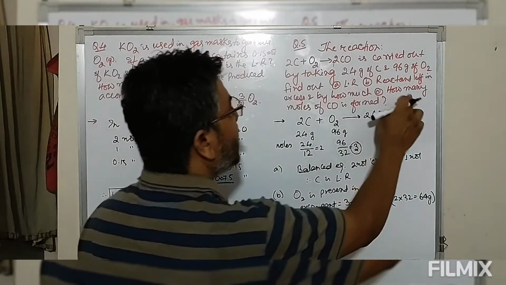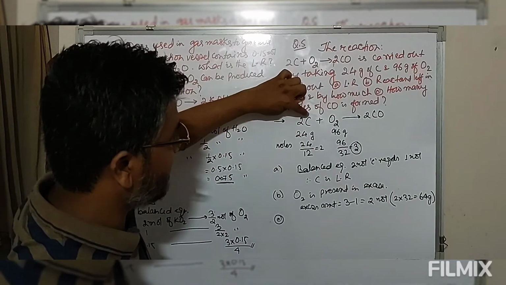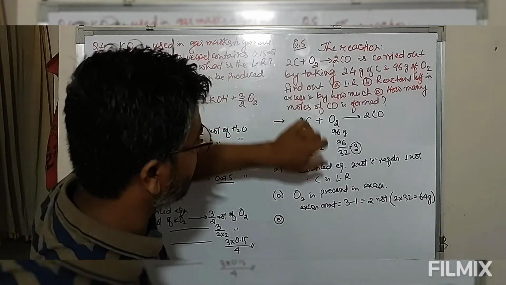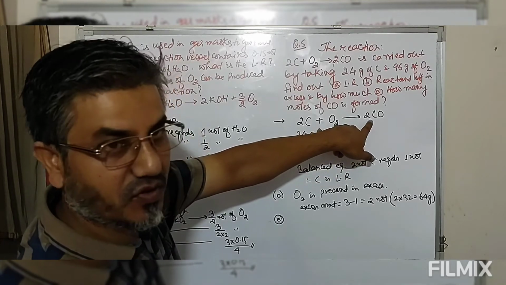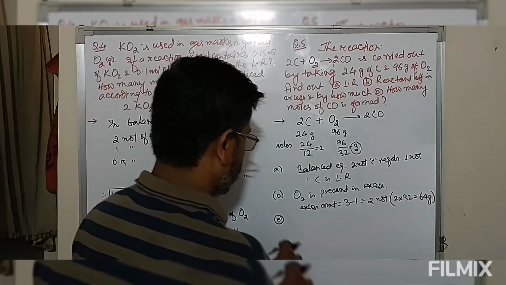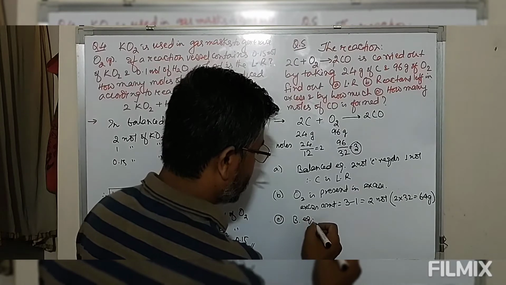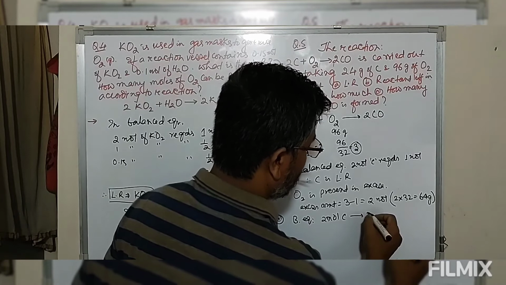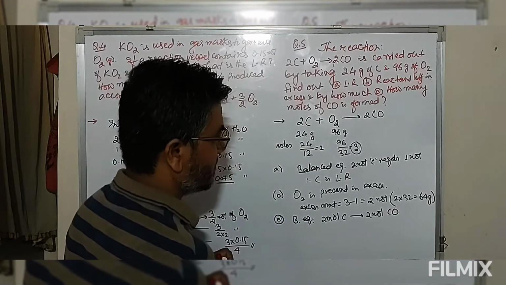Third, how many moles of carbon monoxide is formed? Now look at this again. This carbon is the limiting reagent. So from the balanced reaction, 2 moles of carbon gives you 2 moles of carbon monoxide. That means 1 mole will give you 1 mole. So again, the balanced equation says 2 mole carbon gives you 2 mole carbon monoxide.